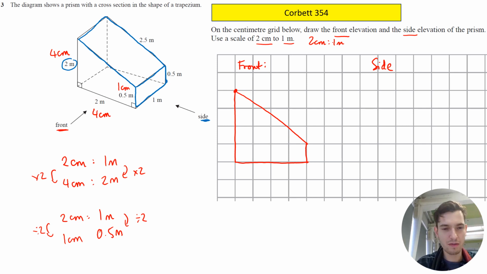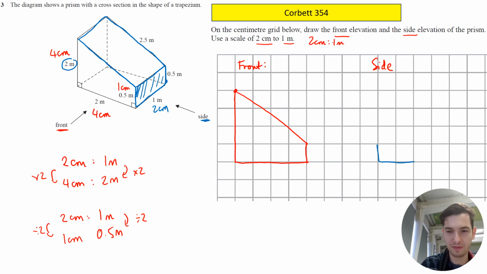So let's first of all think about the bit that we see down here. What's the scale? 1 meter is just 2 centimeters. So I'm going to start off down here by doing 2 centimeters along and 1 centimeter up. And that is the shaded bit there.